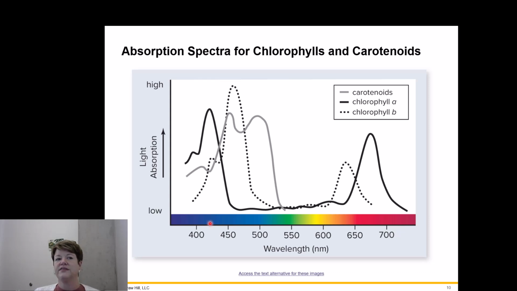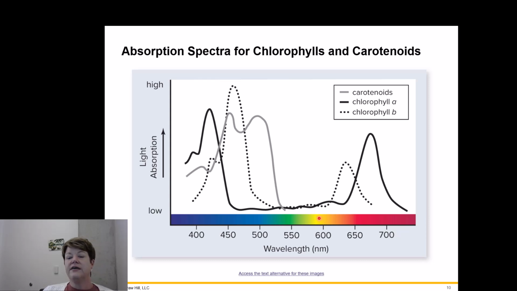So that wavelength of light is really absorbed by chlorophyll A. Chlorophyll B and the carotenoids have peaks over here, but ultimately when you have all these pigments in the same leaf, you get a lot of absorption in this range. You also get a fair amount of absorption in this range, but what you'll notice is none of the pigments absorb very well in this range.